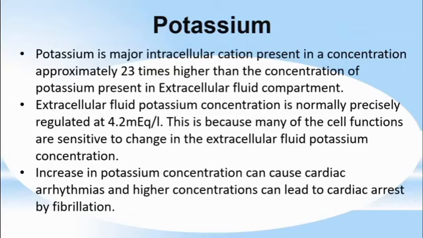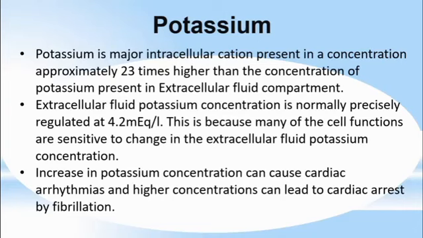Potassium is also a major intracellular cation, present in a concentration approximately 23 times higher than the concentration of potassium present in the extracellular fluid compartment. Extracellular fluid potassium concentration is normally precisely regulated at 4.2 milliequivalents per liter.